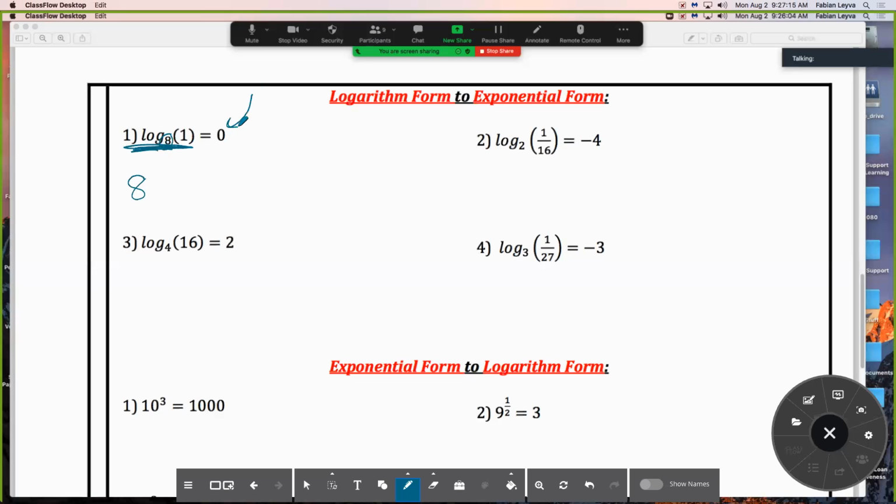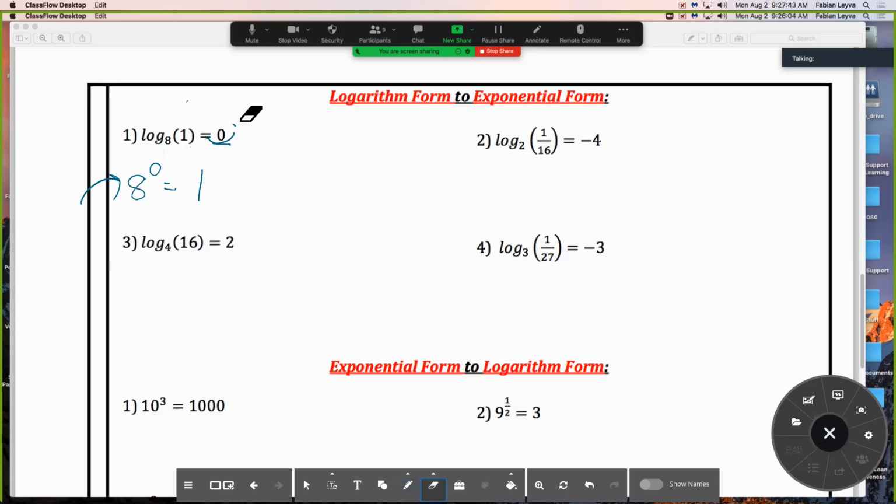So whatever it is equal to, that is what your base is getting raised to. That is what the exponent is. And it is going to be equal to whatever's on the inside of your log. So again, train your mind to see these patterns. Log base 8 of 1 is equal to 0. That means that this is the same thing as 8 raised to the 0 is equal to 1.